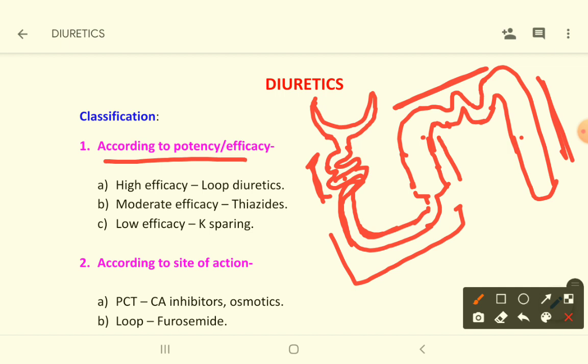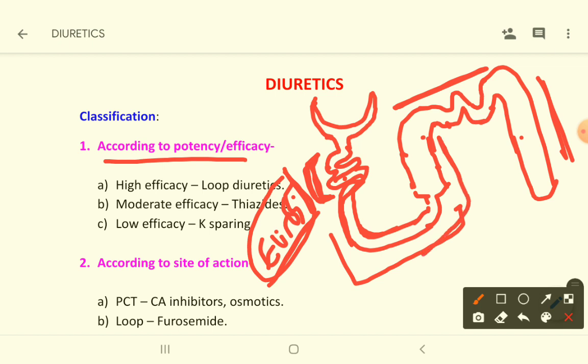Now, in the proximal convoluted tubule, you know that around 60 to 65% fluid reabsorption occurs here, and in this part, the loop of Henle part, there is about 20 to 25% of reabsorption.